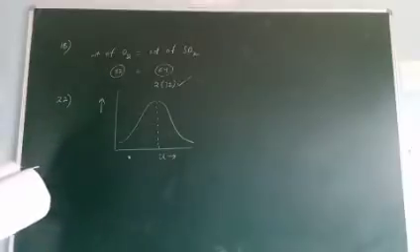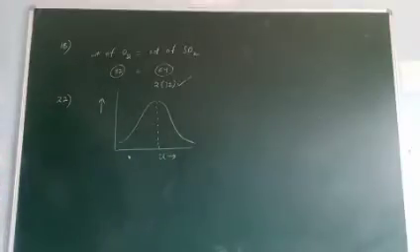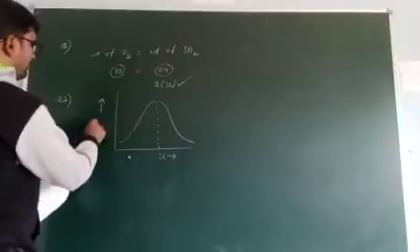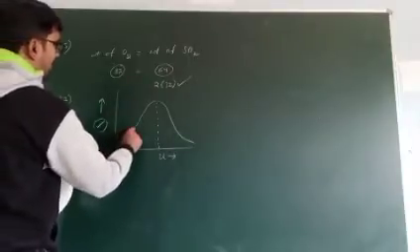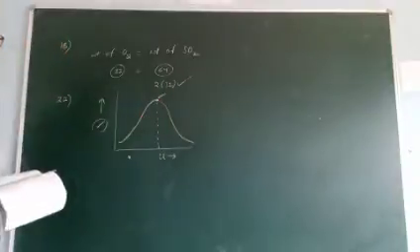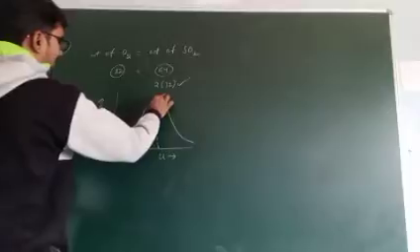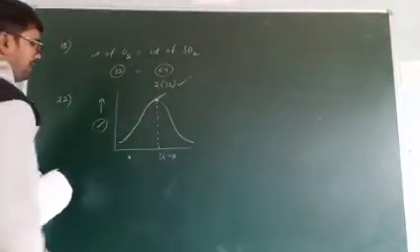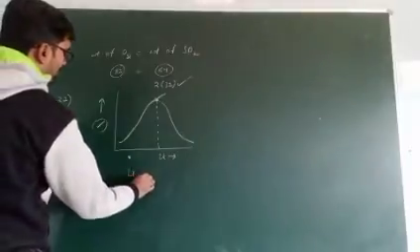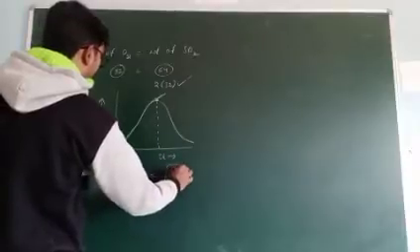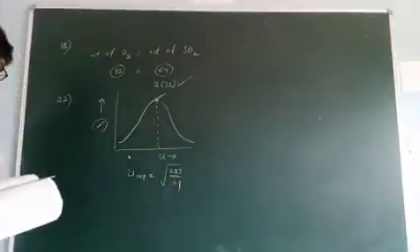The fraction of molecules means here the maximum molecules are involved in this speed. This peak value indicates the most probable velocity. What is the formula for most probable velocity? That is root of 2RT by m. So answer is B.